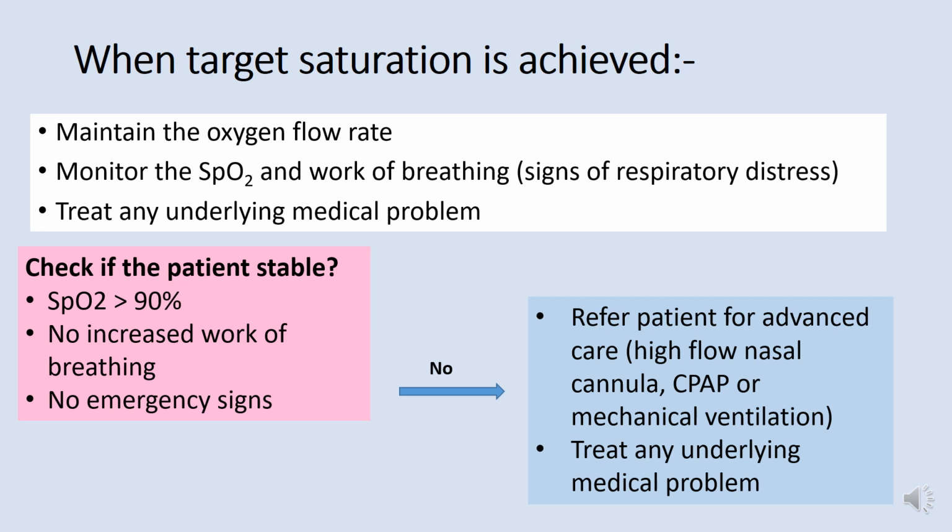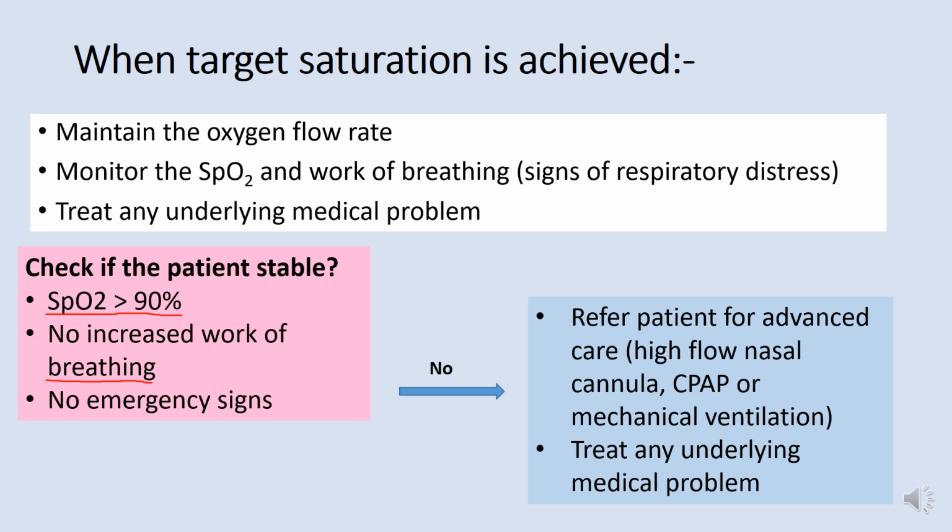you refer the patient for advanced care, which means you have checked your patient's stability and you're not happy with the oxygen saturation. It is not more than 90. You have checked and you find the child is having increased work of breathing.